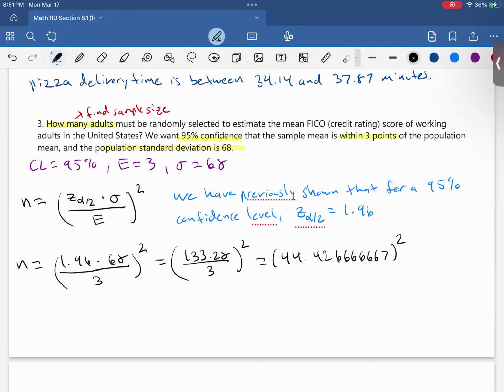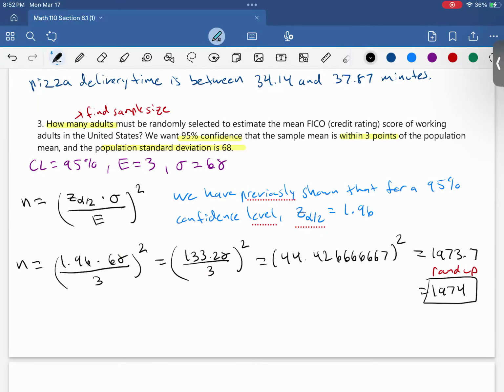Just a really long number. And then I'm going to square this last step, and this ends up being 1973.7. But remember, we always round up, and this ends up being 1974. Okay, so that's our sample size.